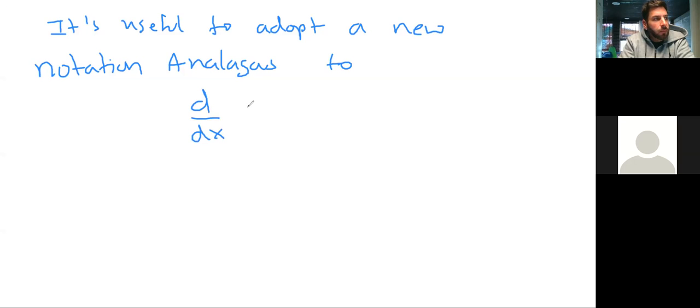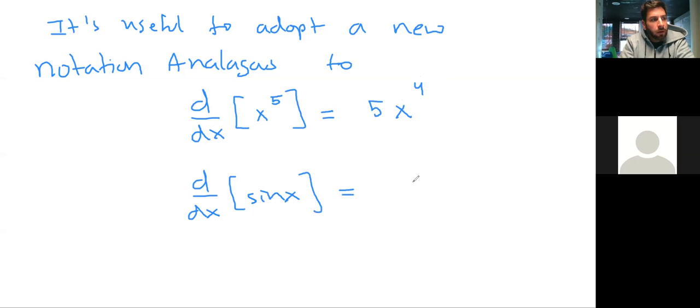We have notation that says something like x to the fifth. What is the derivative of x to the fifth? You guys will tell me right away it's 5x to the fourth. And if I said, what's the derivative of sine? You would rattle off cosine. So this is standard notation for derivatives.